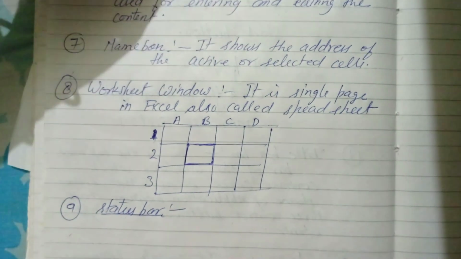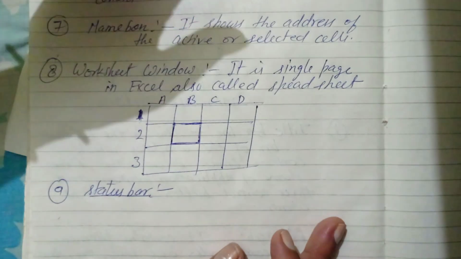The horizontal bar at the bottom of the window is called what?